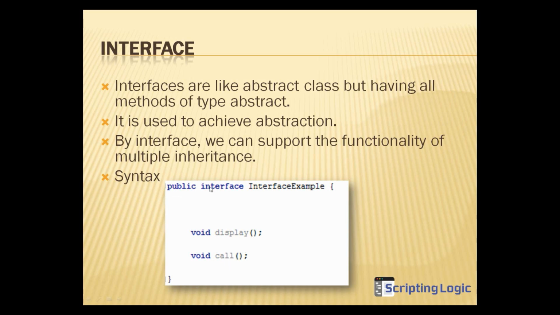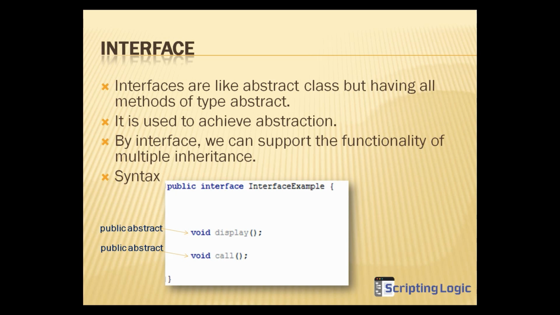There are two methods inside this interface, and now you will see that I have not declared the abstract keyword over here. So please understand, when I declare this interface, by default the methods are public and abstract, right? By default the methods are public and abstract.